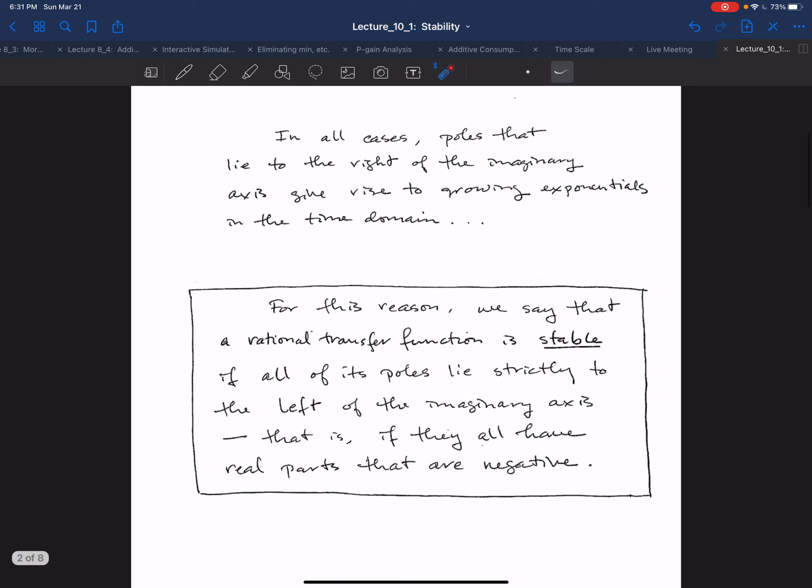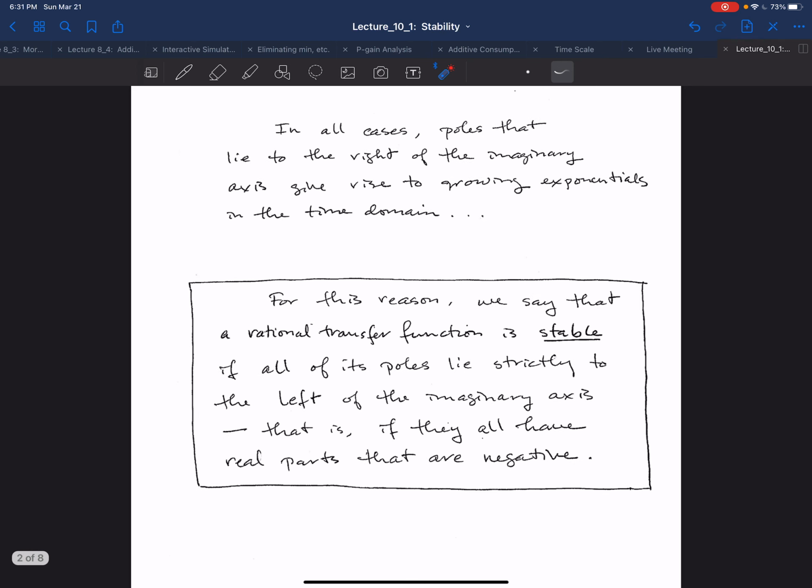And we've got that written down here. A rational transfer function is stable if all of its poles lie strictly to the left of the imaginary axis. In other words, they all have real parts that are strictly negative.